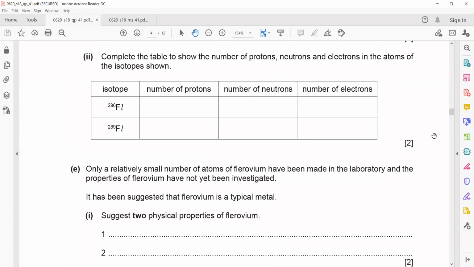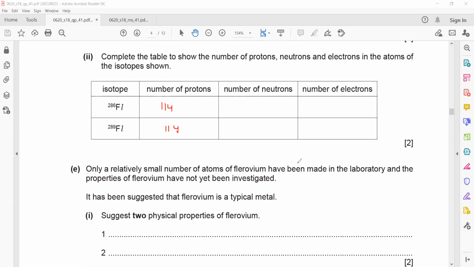Then complete the table to show the protons, neutrons, and electrons in an atom of the isotope shown. So complete this table. Use a screen annotation to complete this. One hundred and 14 protons. This will also be the same, because the element is the same.